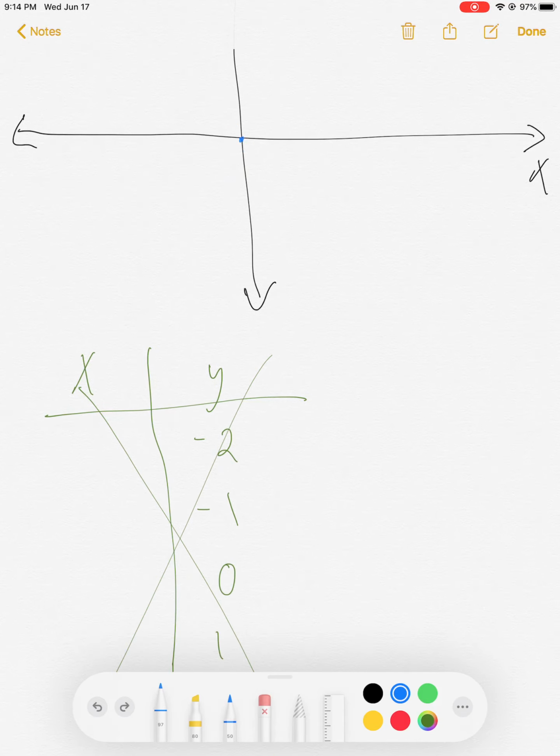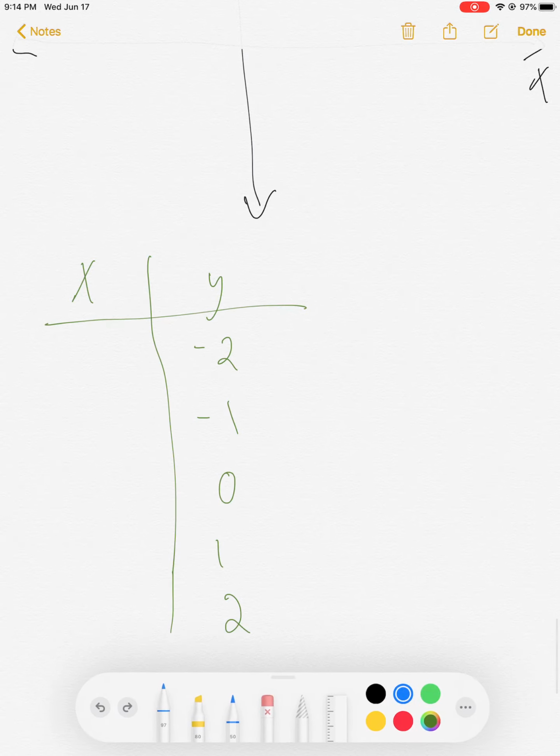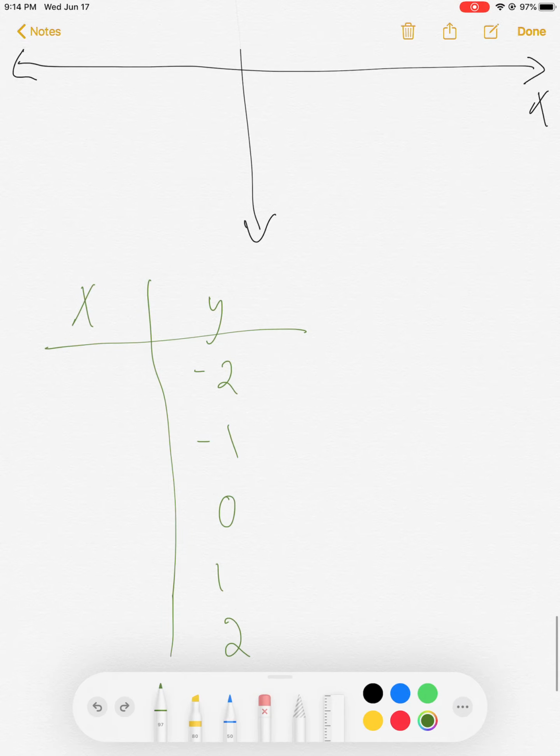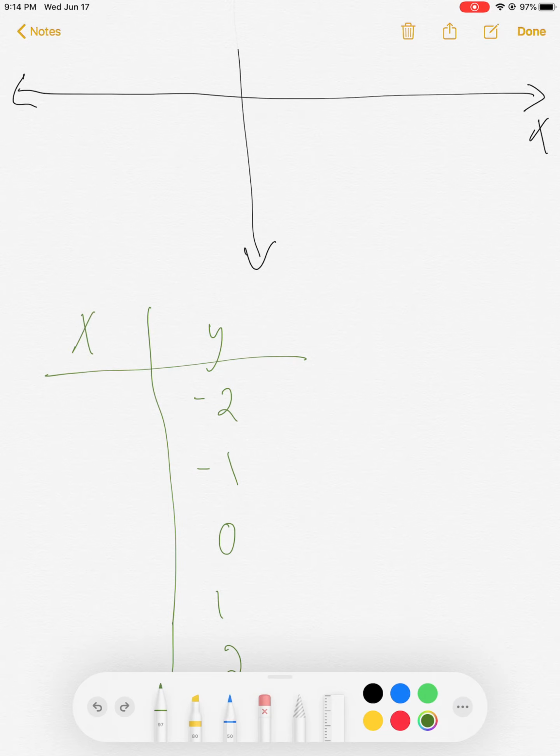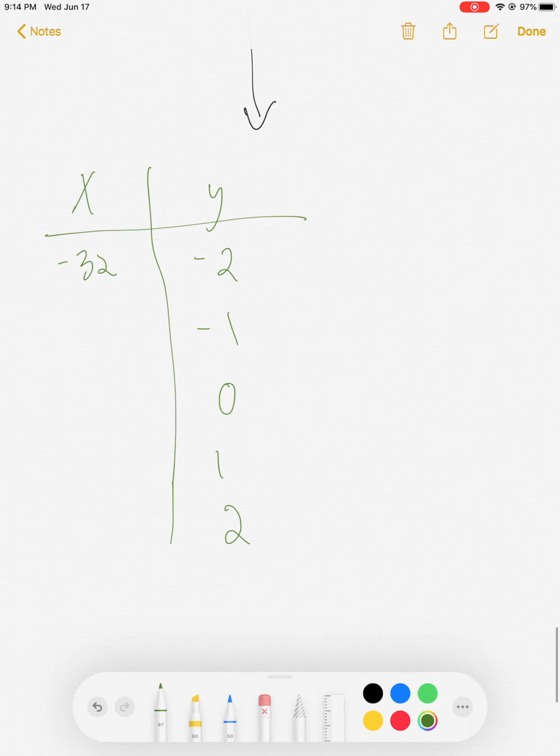Okay, you know what? I am going to calculate a few points. I am sorry I keep talking myself in circles here. If I plug in y equals -2, then I'm going to get -28 minus 4, so x is -32. If I plug in y equals -1, then I'm going to get -14 minus 1 is -15.